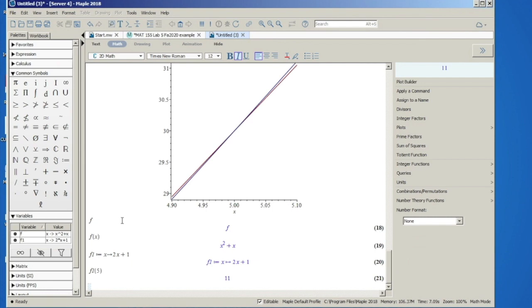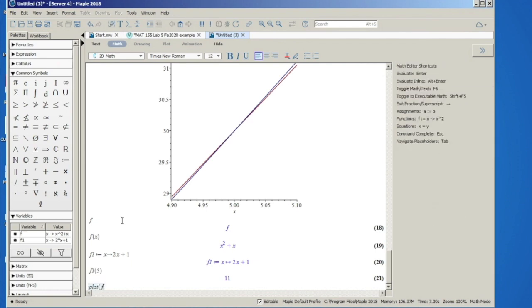In fact, it would have been almost perfect. So let's just plot f of x and its derivative, which I call f1 of x. See what the actual slope of the line looks like.